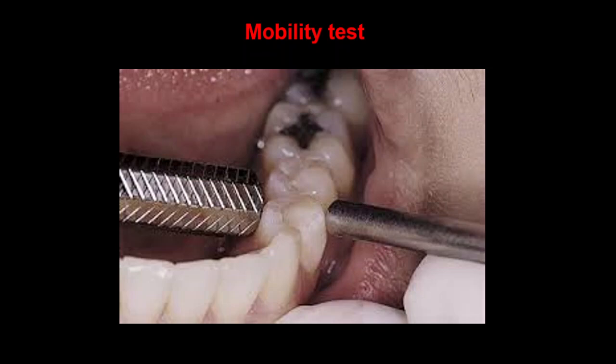Mobility degree 3 is more than 1 millimeter. Grade 3 is obvious mobility, and the tooth moves in different directions, buccolingual and coronoapical.